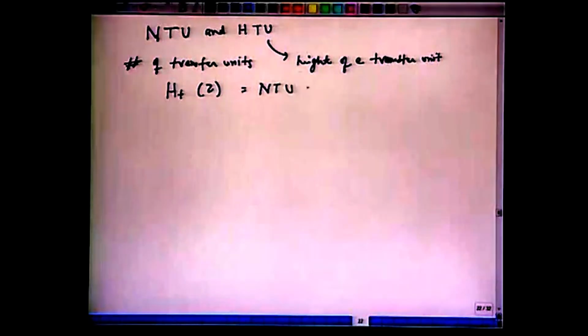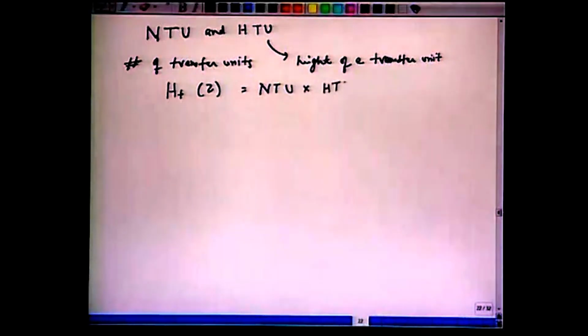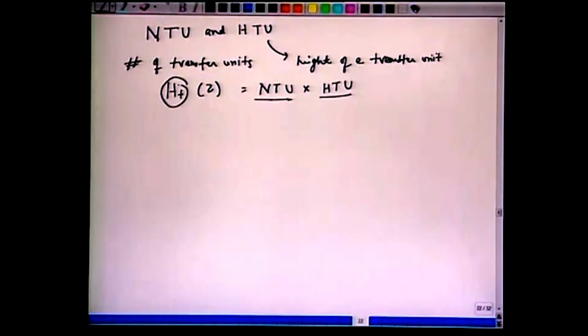So the height of this column, if we denote it by HT or Z, will be nothing but NTU multiplied by HTU. So we are supposed to define and determine NTU and HTU to get the height of this column.